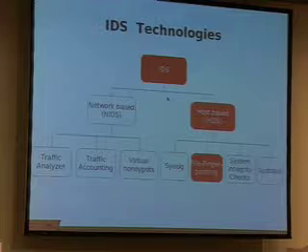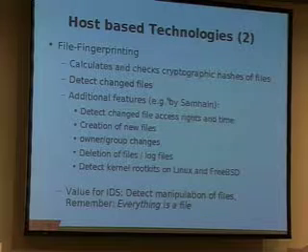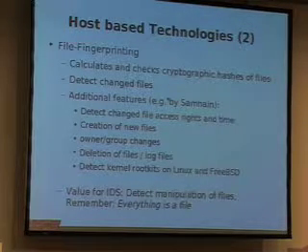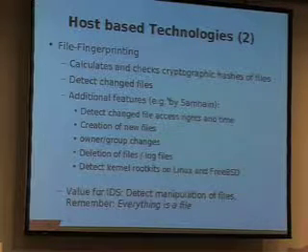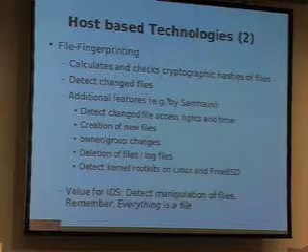The next one is file fingerprinting. The value of file fingerprinting becomes clear when you remember the Unix philosophy that everything is a file. So you have real files, links, symlinks, Unix sockets, named pipes, that could be files.